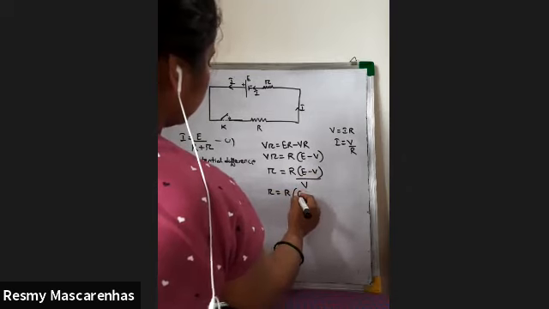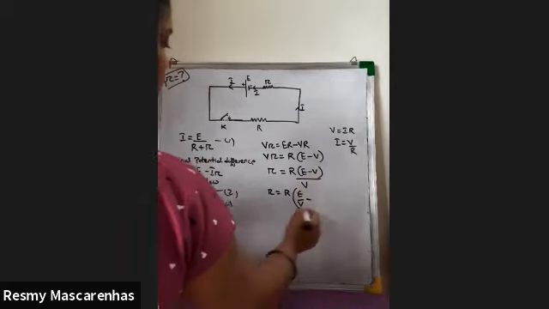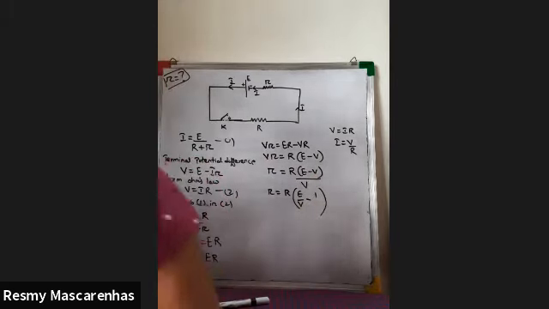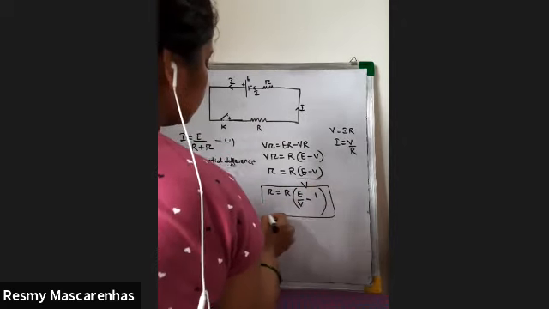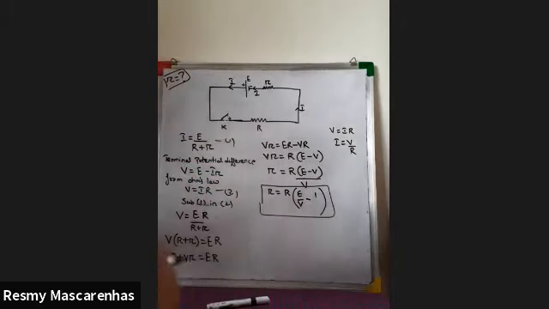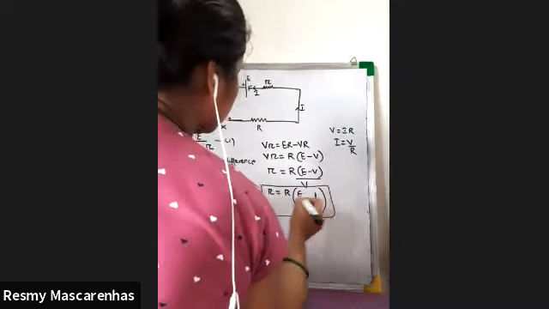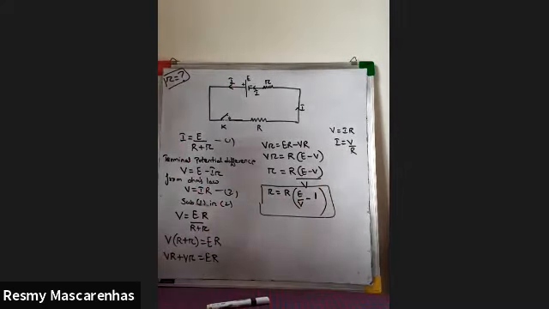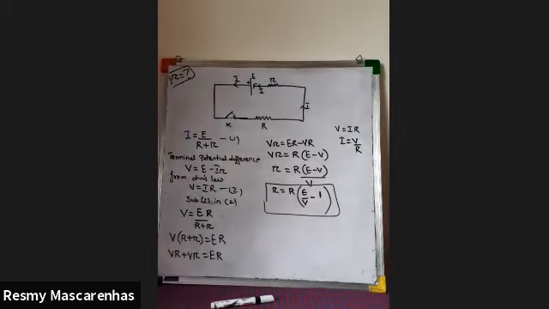So this will be E upon V minus V upon V. It will be 1. So this is the equation for internal resistance. Small r is equal to capital R into bracket E by V minus 1.